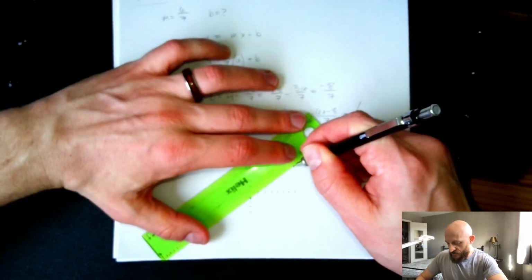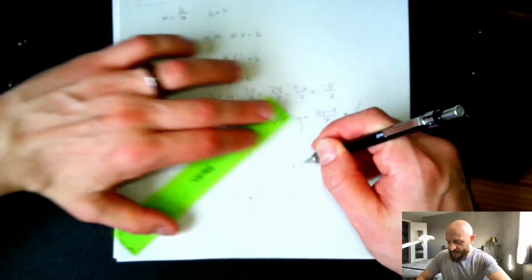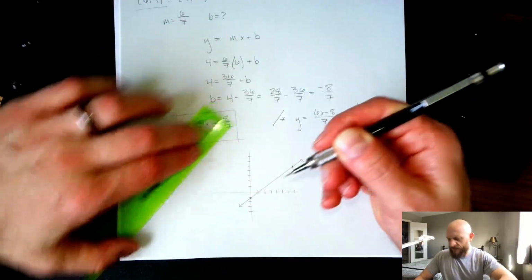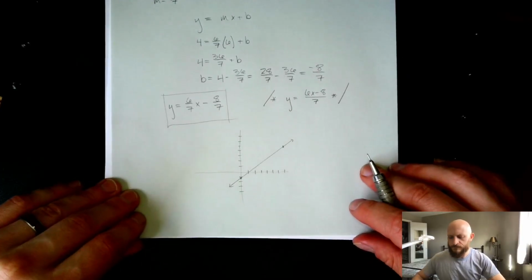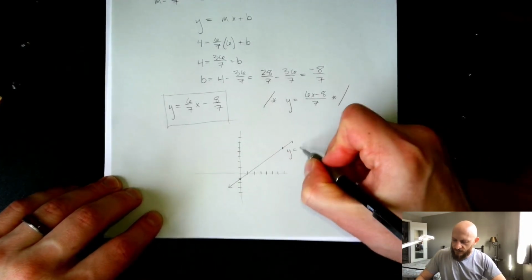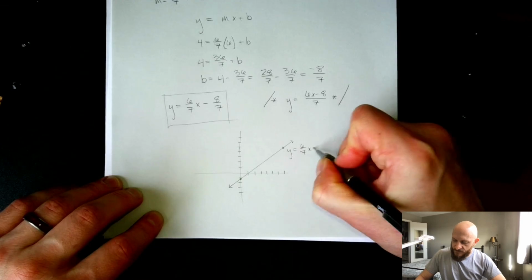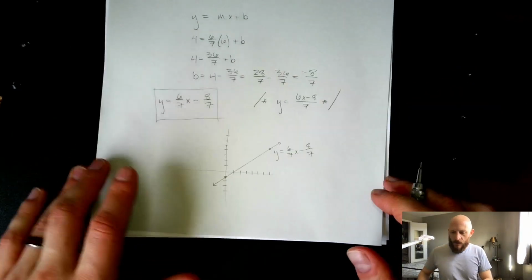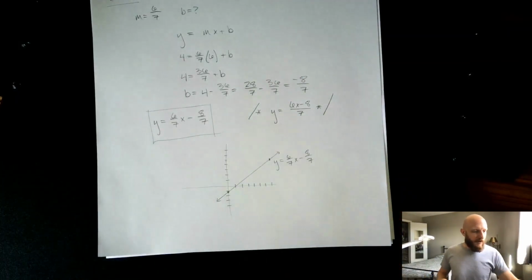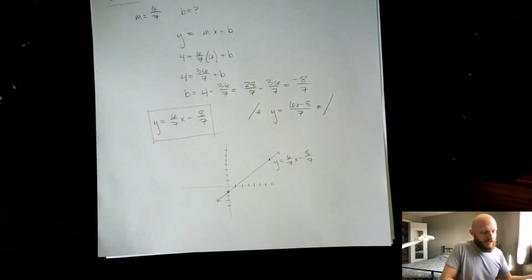So here's what the equation roughly looks like. Now that I think about it, I don't think that I need to do a simpler example. I think that's pretty decent. This is our equation: y equals 6/7 x minus 8/7. All right, so that's the first form of a linear equation.